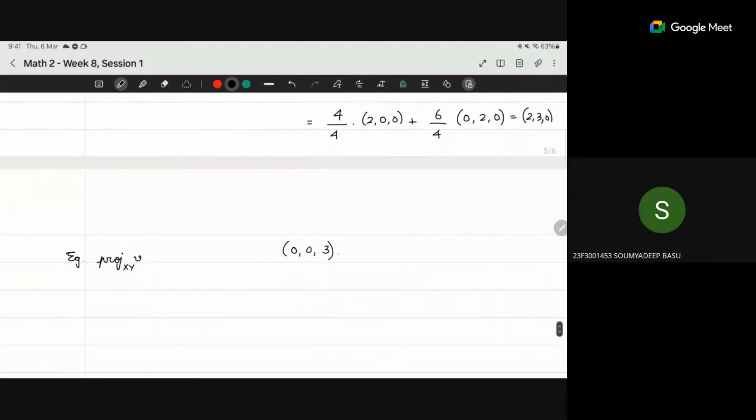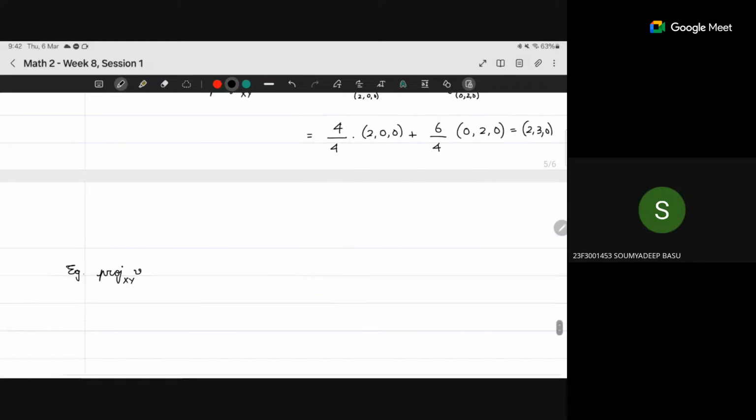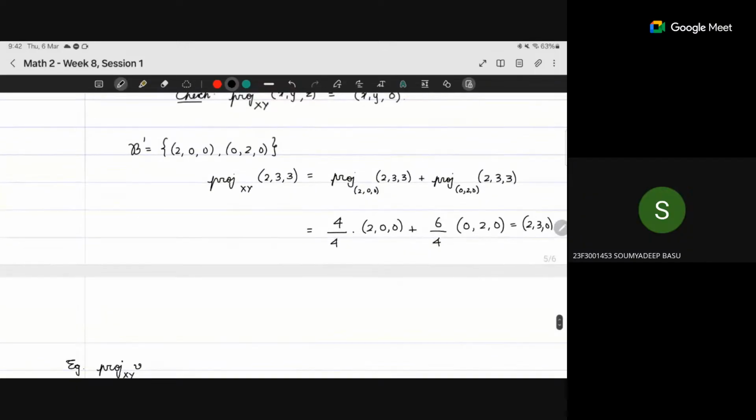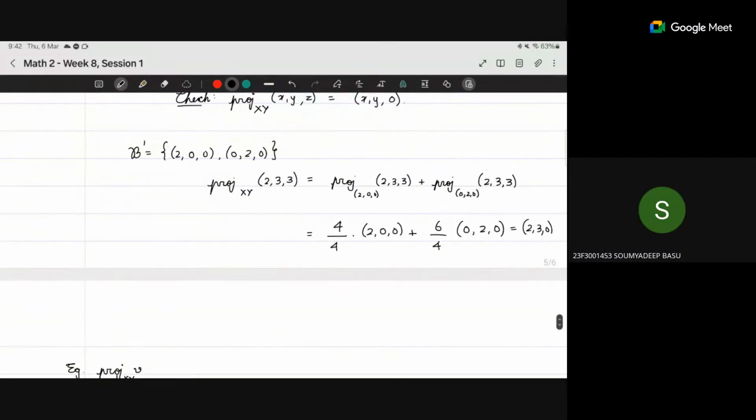I'm assuming that V is not in the subspace. And if I take the projection of V on a set of vectors which is orthogonal, but it is not a basis of that subspace, then will the answer be the same?